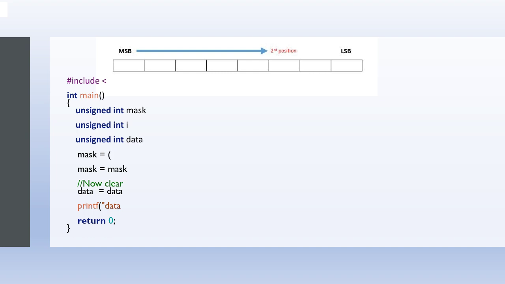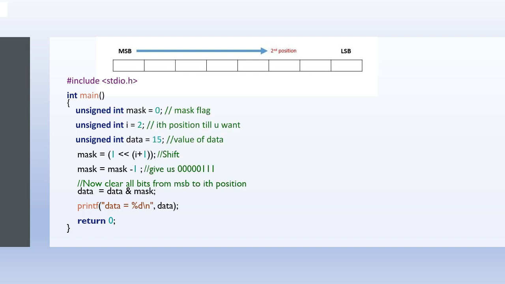Okay, second, the code. I'll write a small piece of code: int mask equal to 0 and int i, that is the ith position till where you want to clear the bits, data is 15, the value of data, and shift to the ith position with this expression, and then mask is equal to mask minus 1 gives us some value.